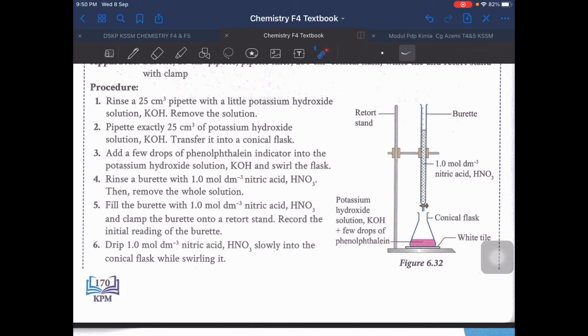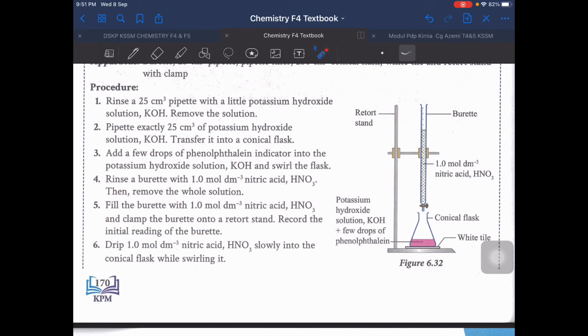Mesti mau ada bacaan awal kan, because later after we titrate you are going to see changes tu, dia akan turun sikit. So drip, titiskan 1.0 mole per cubic decimeter of nitric acid slowly into the conical flask while swirling it. Maksudnya sambil kamu goyangkan dia.